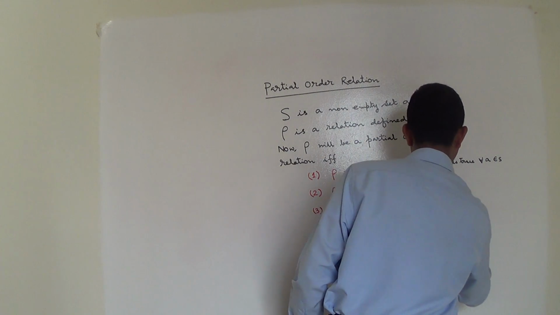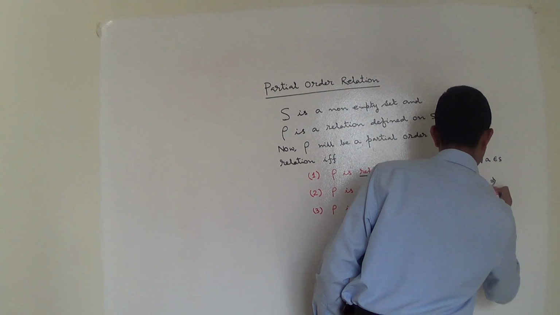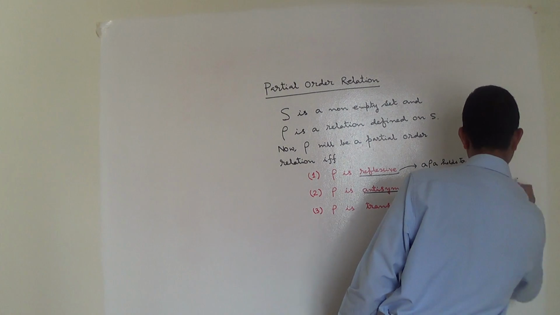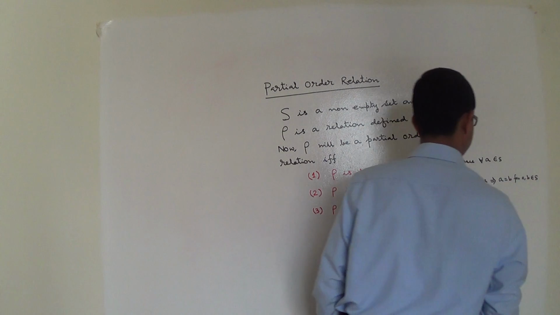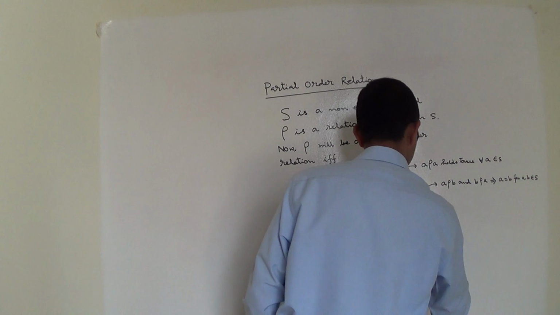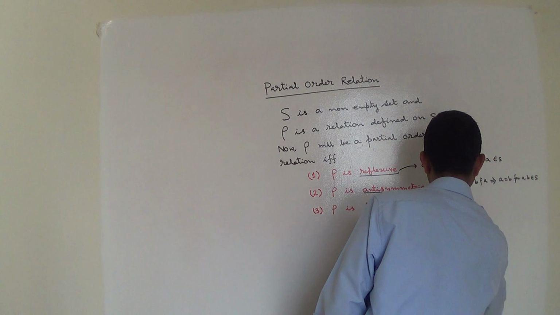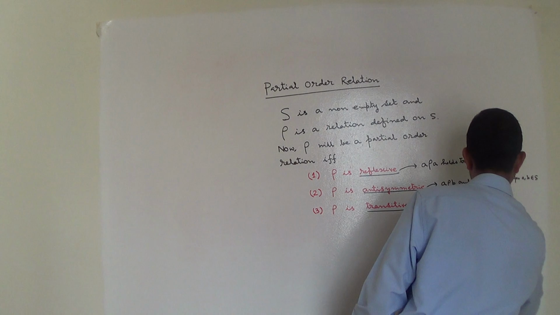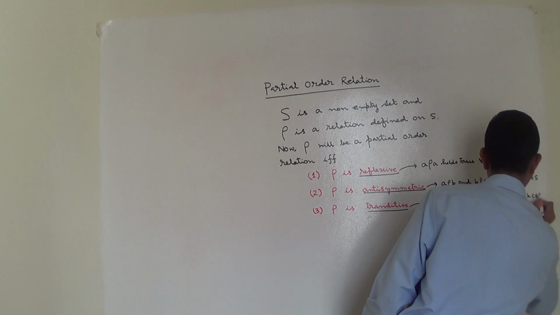A rho B and B rho A implies A equal to B for A, B belongs to S. And you know what is transitive? A rho B and B rho C implies A rho C for A, B, C belongs to S.